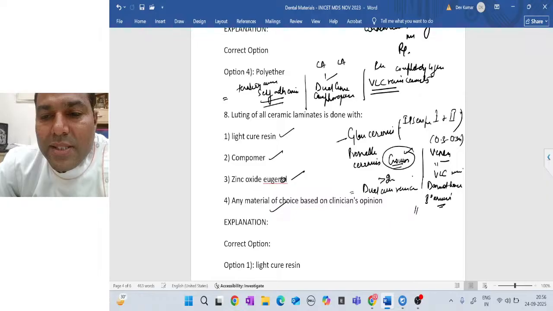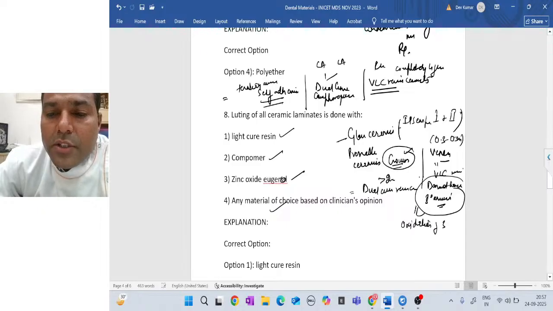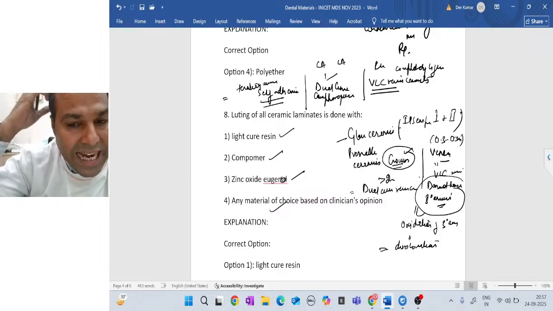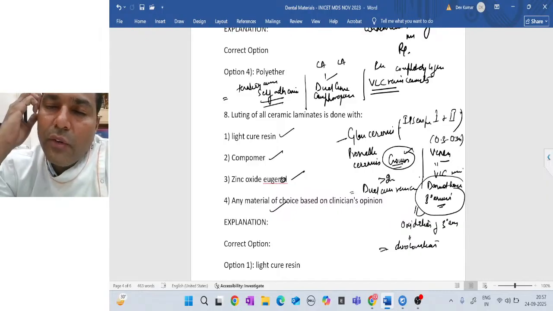So the problem is that after some time, if we have used a dual cure or a self adhesive cement, even in case of veneers, there is oxidation of the tertiary amines, which leads to discoloration. And because our veneers are very thin, this discoloration will be visible, and the color of the veneer changes.